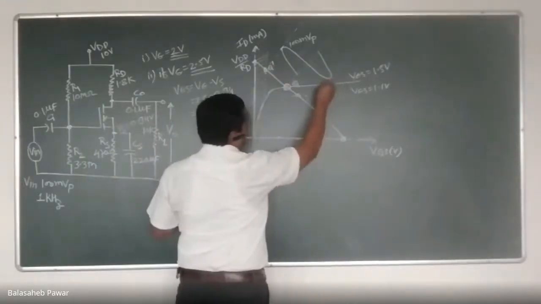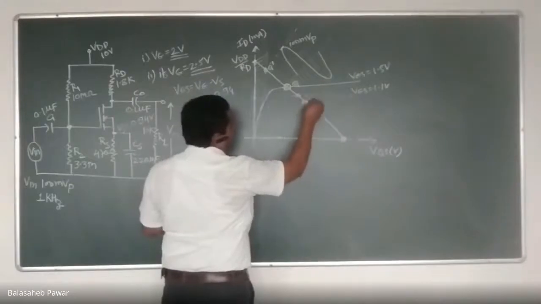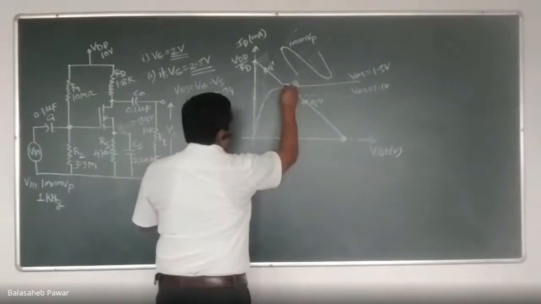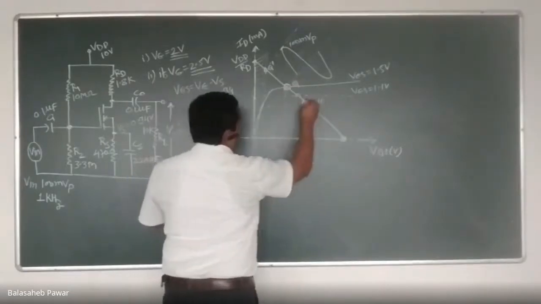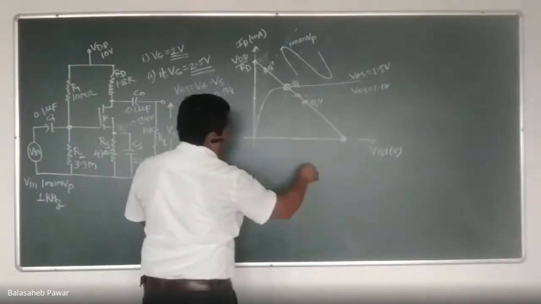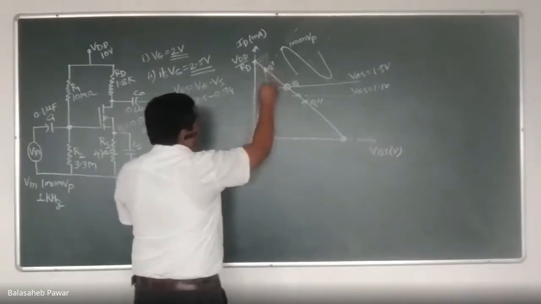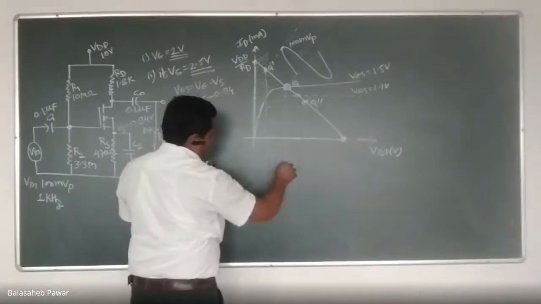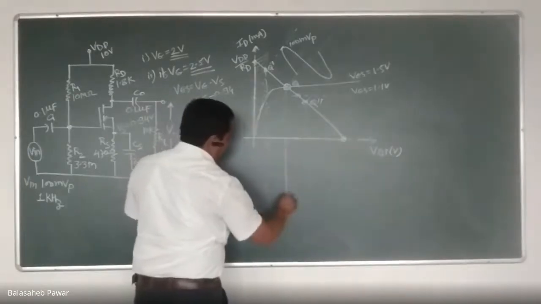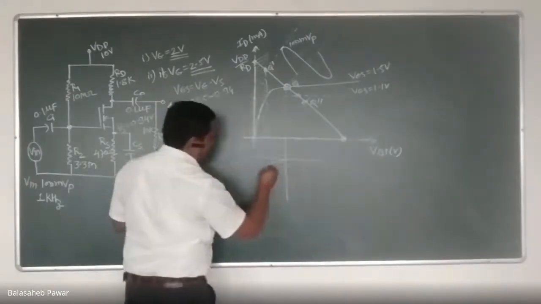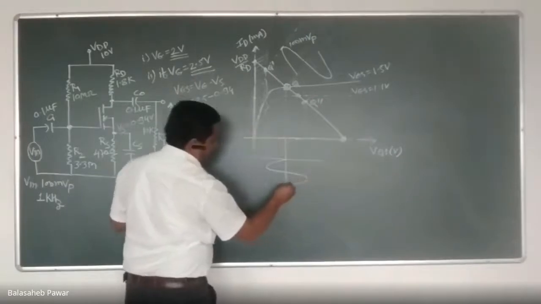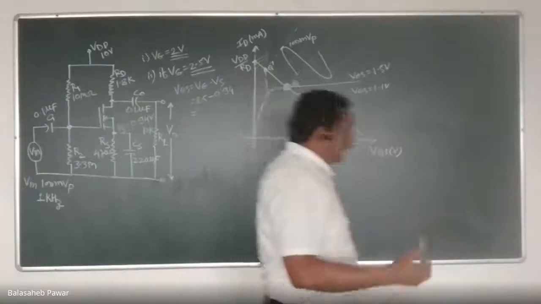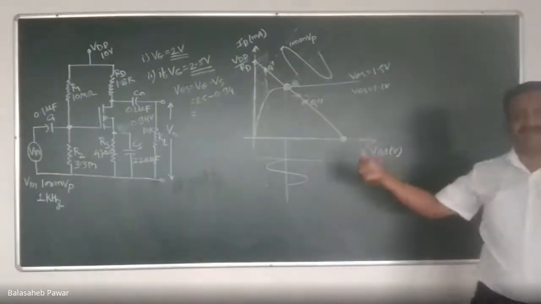And during the negative half of input, it will get shifted from Q to Q double dash. So the newly obtained output voltage will follow the input with the fixed gain, and this is nothing but our output voltage. Are you agree with this?